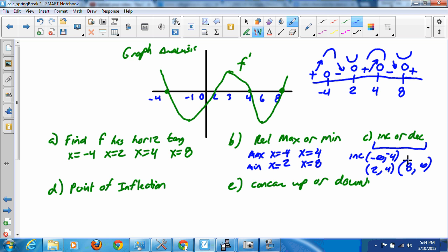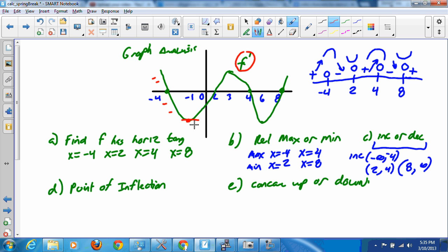Keeping in mind that this is the derivative, the slopes of these tangent lines are going to tell me what the second derivative's values are going to be. So here, all of our tangent lines are negative, until it gets to here.